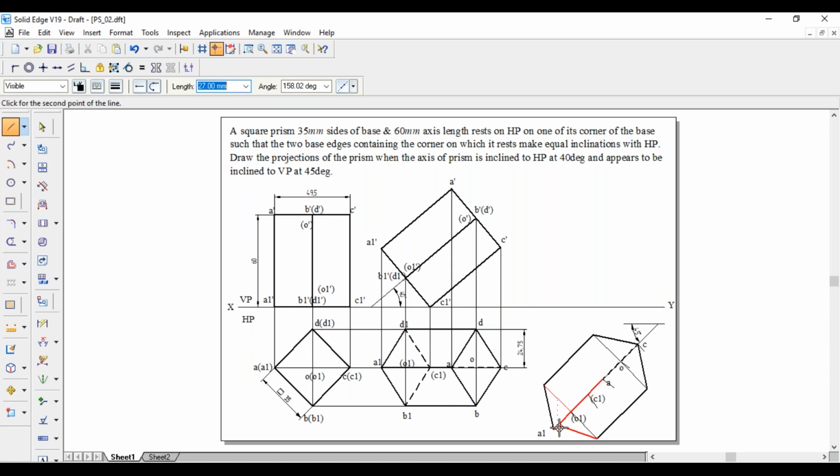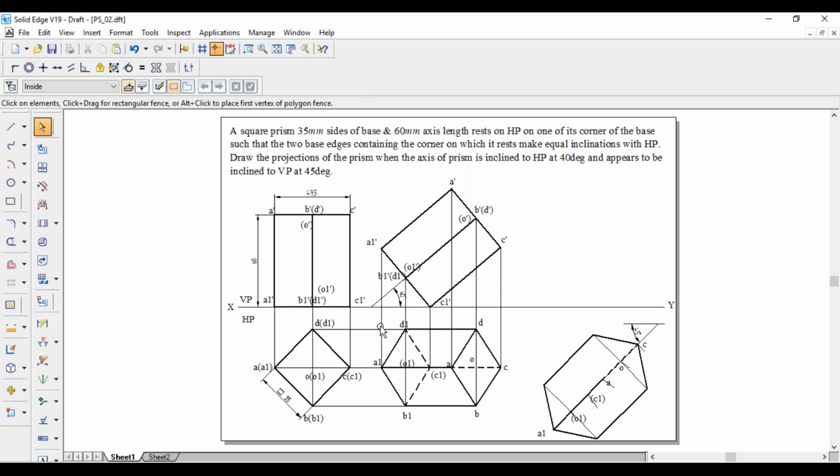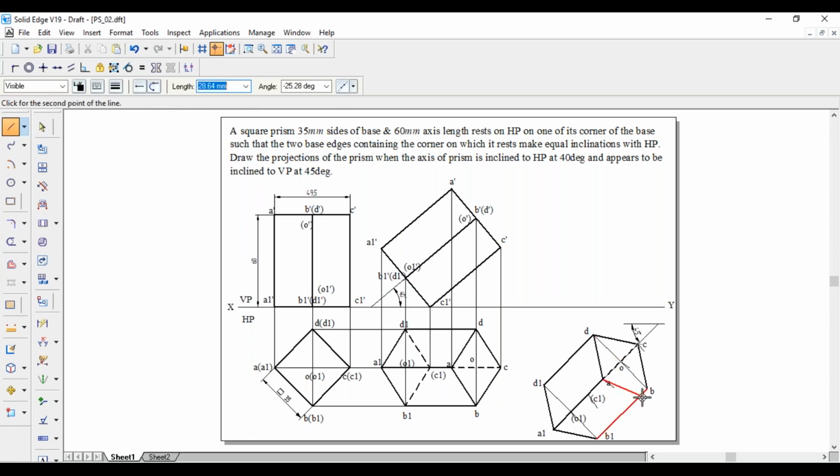This one is D1, D, B1, B. D to A to B. Now it is dotted for B1 to C1, C1 to D1. The same way how it is there, the same way we have to draw here also.